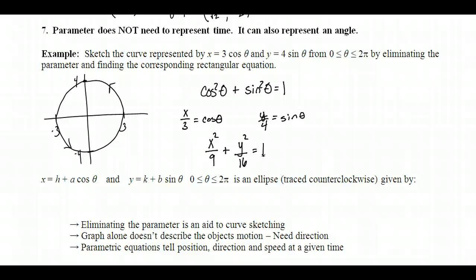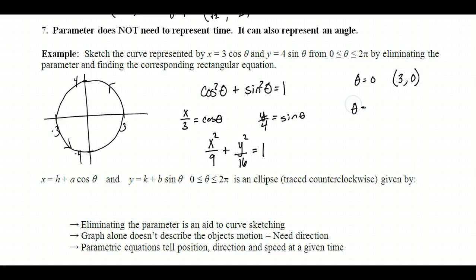If you don't have a calculator to graph it, you can take points and say, what if theta is equal to 0? If theta is 0, what is my point? Well, cosine 0 is 1 times 3 gives us 3, and sine 0 is 0 times 4 is 0. We have to go in order from our parametric equation. So if theta is 0, we have 3, 0.